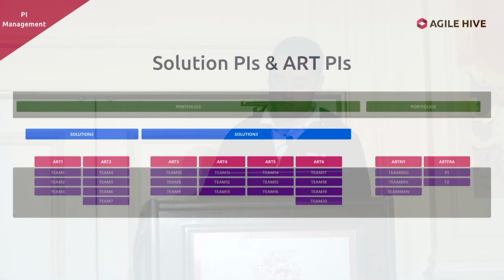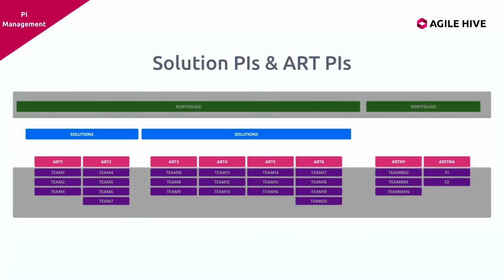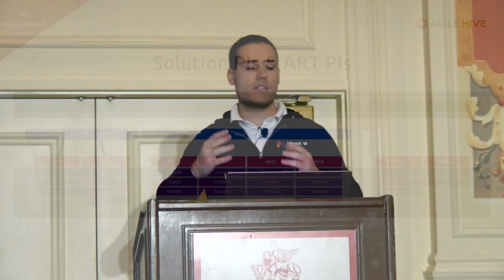All right. So, where can you create PIs? There are two levels. The first one is the large solution level, and the second one is the ART level. So if, for example, in the solution you create a PI, this PI will be inherited by the child ARTs.